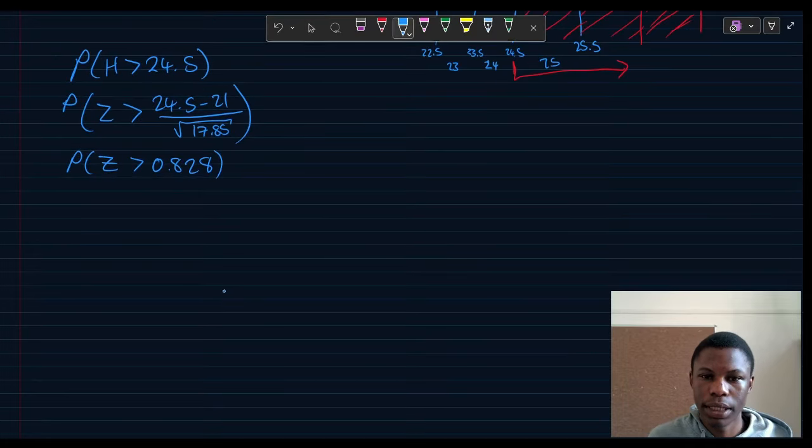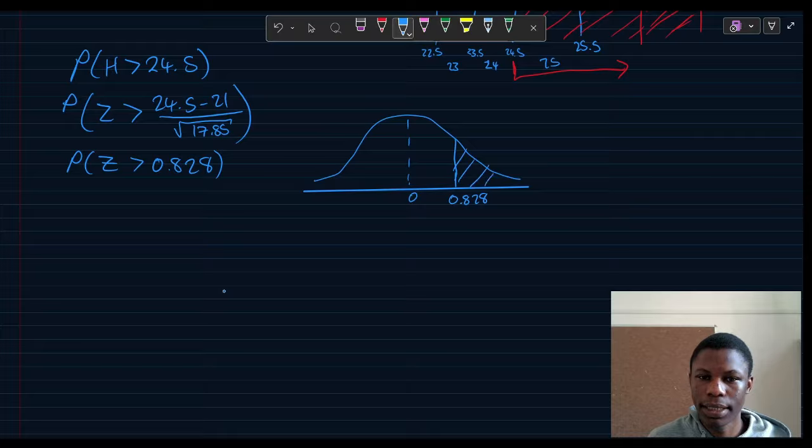And if we sketch a mini bell curve, we've got 0.828 here, and we want this region, because we want greater than 0.828.